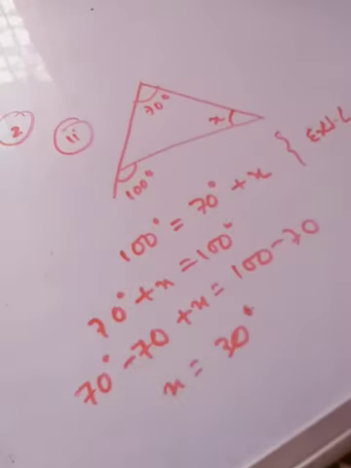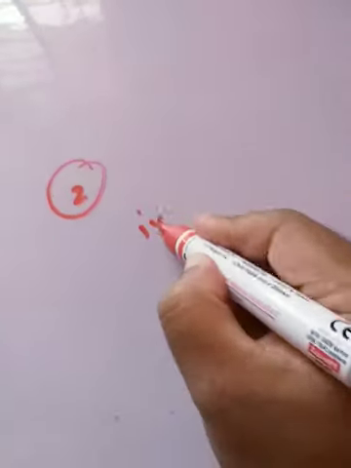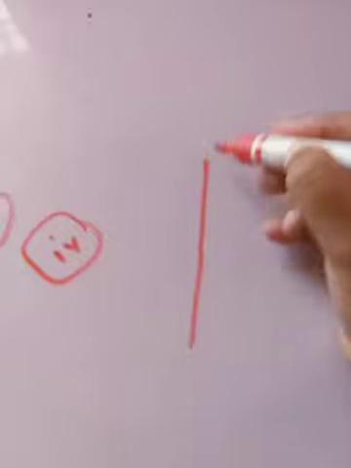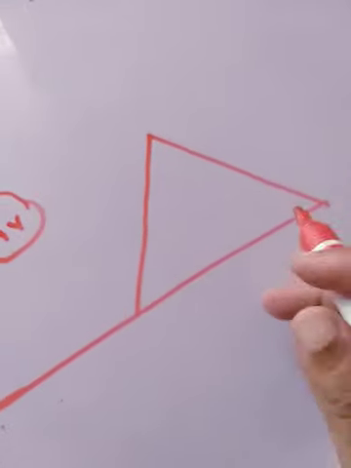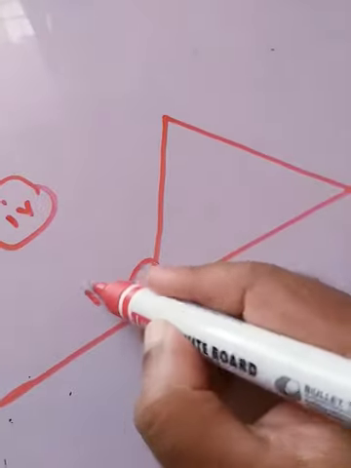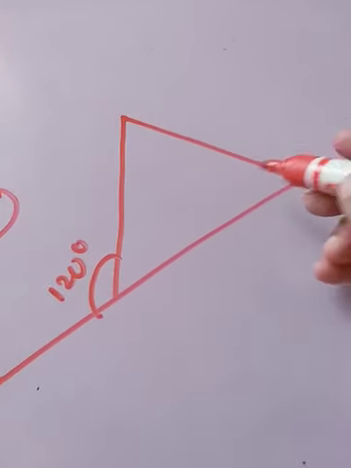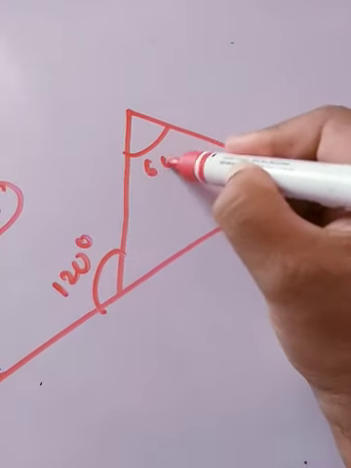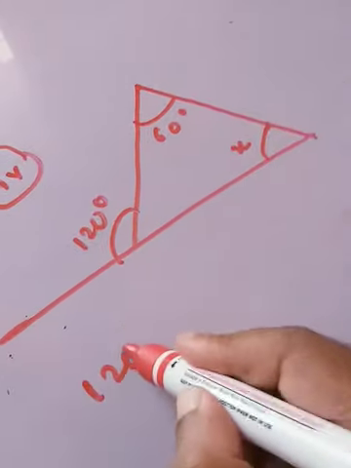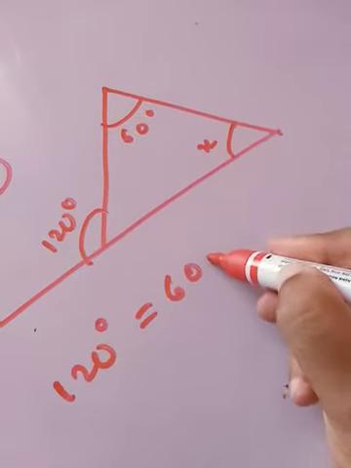Now let's move on to question number 4. The figure is like this. This is 120 degrees, this is x, and this is 60 degrees. Now again we will write 120 degrees equals 60 degrees plus x.